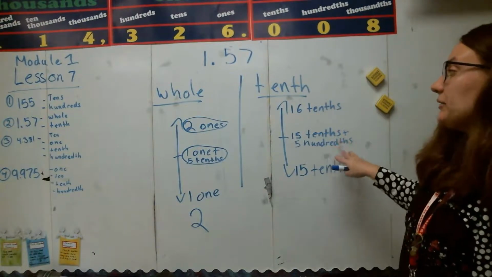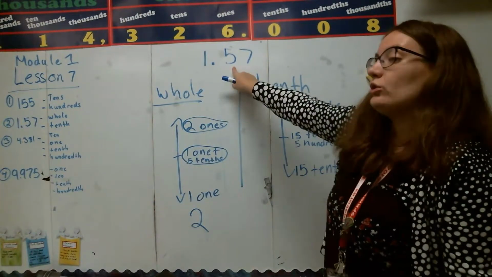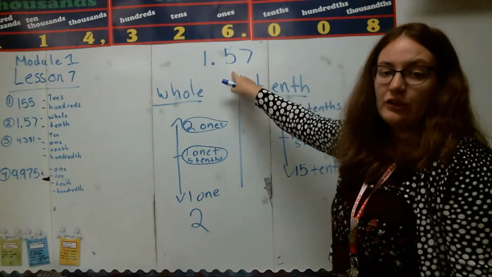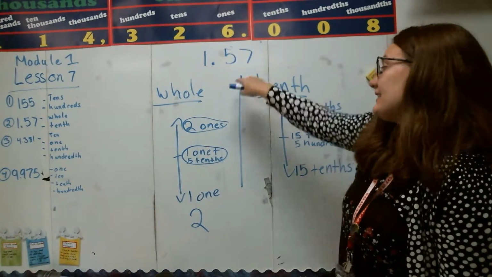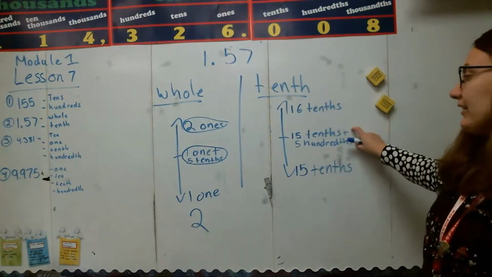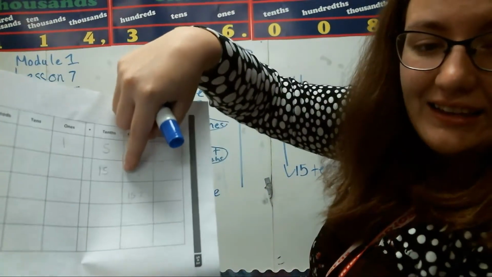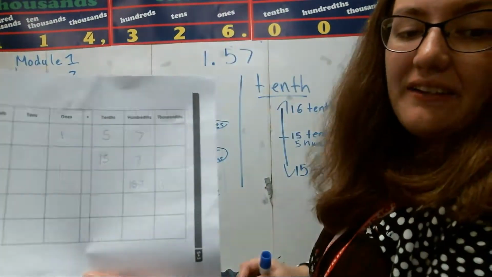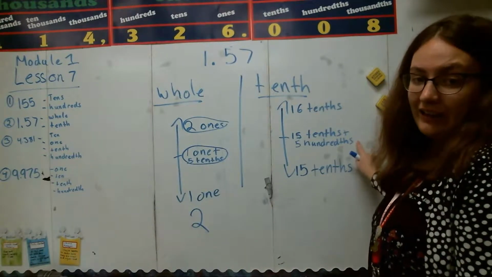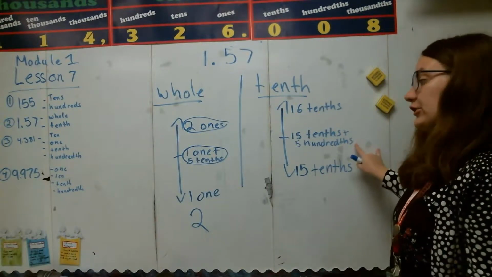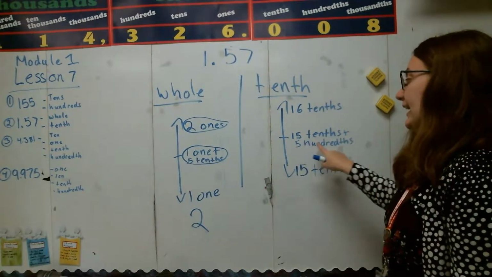And then I compare the numbers that are on my number line to the number that I'm trying to round. So if I have 15 tenths and 7 hundredths, 7 hundredths is greater than 5 hundredths. So this is going to be our first problem where my answer is not going to be right on the midpoint.